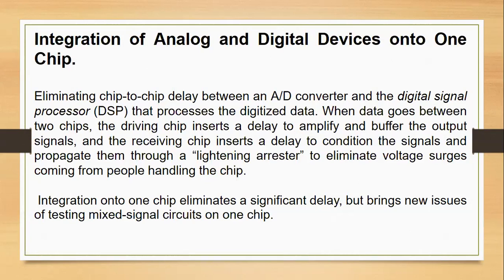When data goes between two chips, the driving chip inserts a delay to amplify the buffer of the output signals, and the receiving chip inserts a delay to condition the signals and propagate them through a listening asserter to eliminate the voltage surges coming from people handling the chip. For example, if you have two chips and drive some input from one chip to the other, there are a number of considerations.